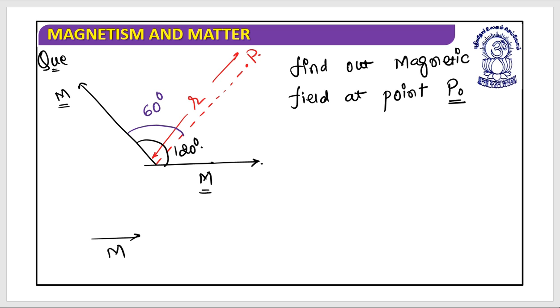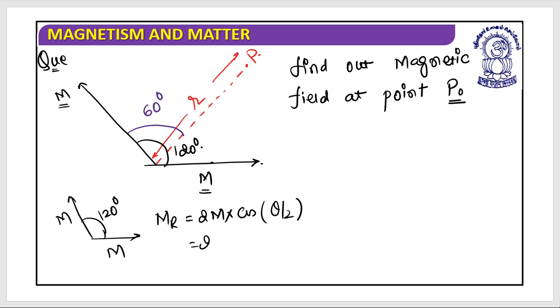This is one dipole, M, this is another dipole, M, and they are at 120 degrees. So the resultant would be 2 into M into cos of theta by 2. So Mr equals 2 into M into cos 120 by 2, this is cos 60 degree, so it's 2 into M into half, which could be written as M. I hope this is clear.